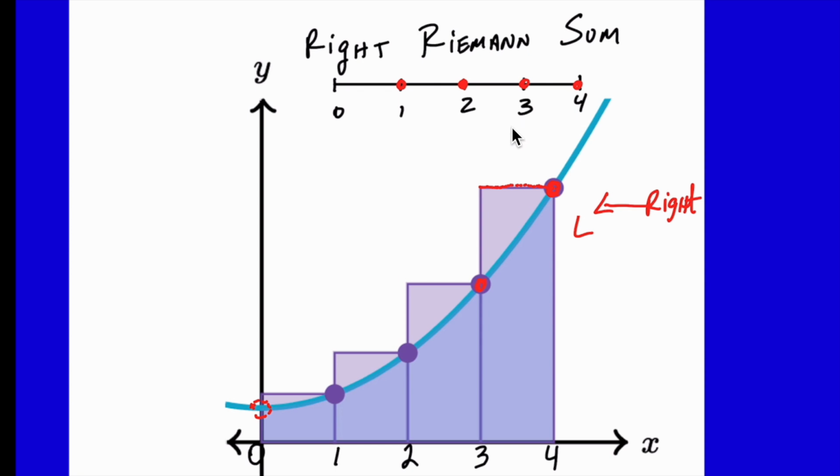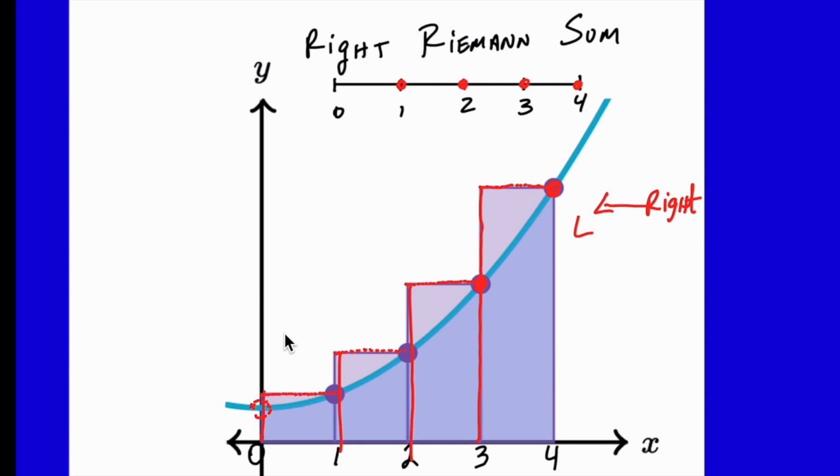Then we're going to go to the next f of point. We're going to run a horizontal line going from right to left until we reach the point above or below the next point on the graph. Similarly, we're going to do this. And finally, when we get to f of 1, we're going to go horizontally from right to left. We're going to stop above the phantom point. And then we're going to draw our rectangles straight down.